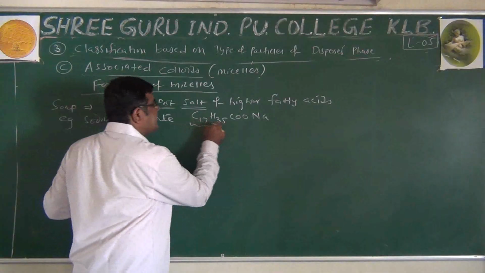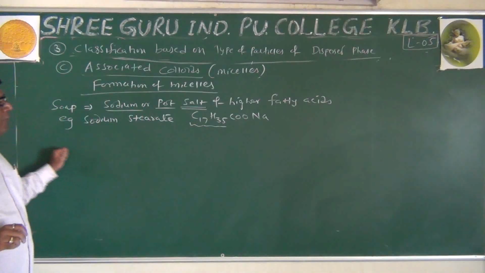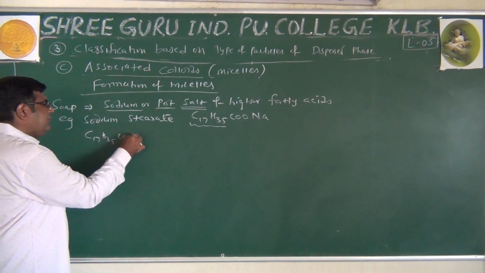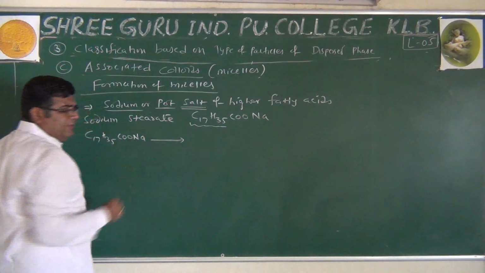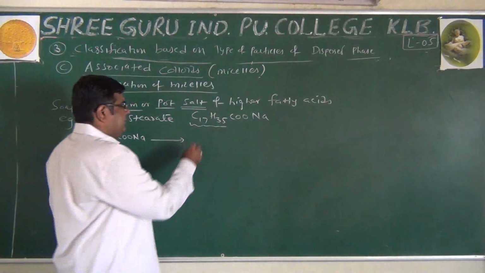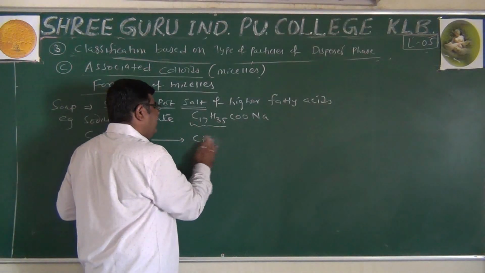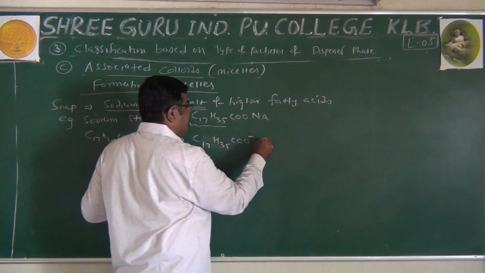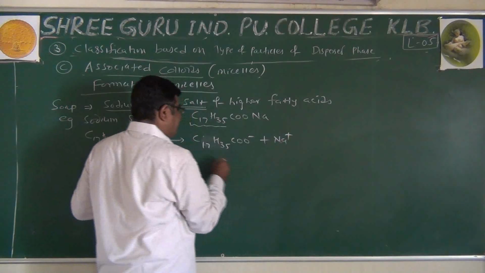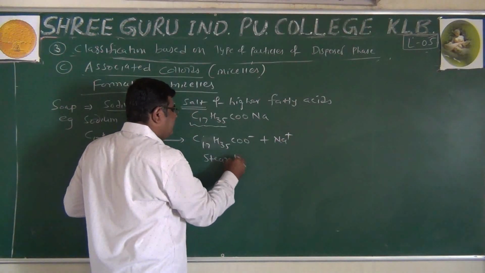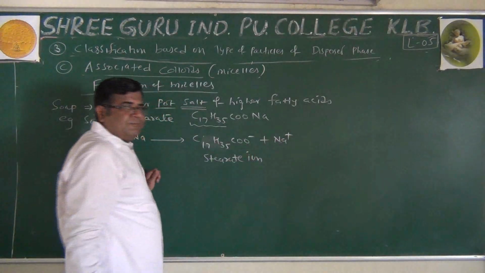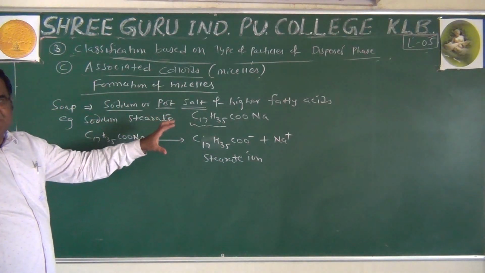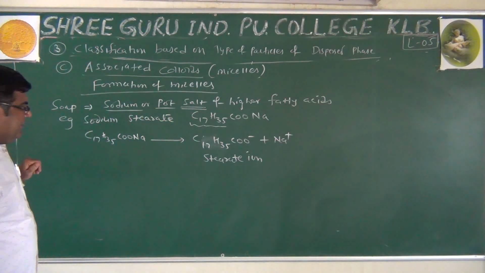Higher, because this chain should be longer. This C17H35COONa, if you put it in water, forms C17H35COO⁻ ion and Na⁺ ion. We call it stearate ion. Now this stearate ion is responsible for the formation of associated colloid.